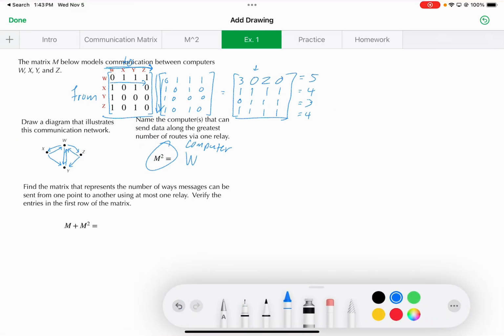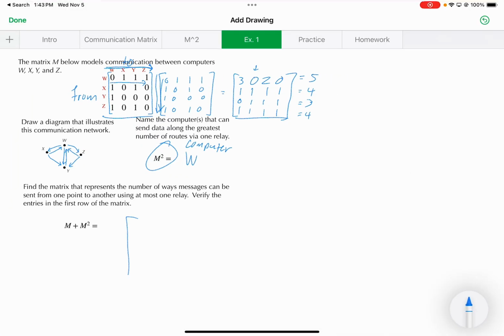Should we be smart about this? All right, so I want to add together m plus m squared. Was it 3, 1, 3, 1? Yep. Yeah. 2, 1, 2, 1. It's the second row. 1, 1, 1, 1.